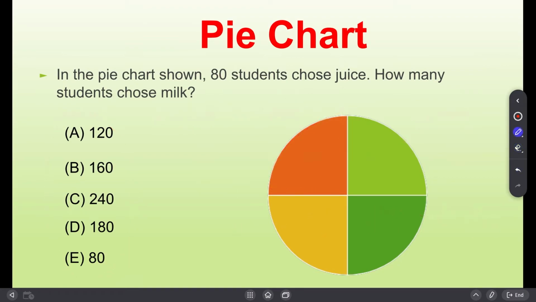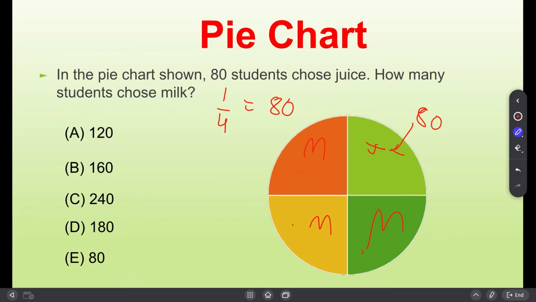So for the second way, we already know that this is equal to J, this is equal to M, this is equal to M, this is M, and J is equal to 80, and everything else is also equal to 80. So what we're going to do here is that we know that J is equal to 1/4, right? So what we're going to write here is 1/4 is equal to 80. So then we know that every other 1/4 will also equal 80.